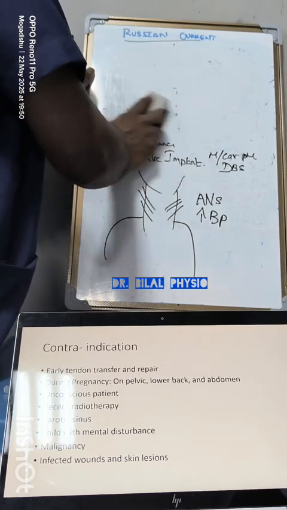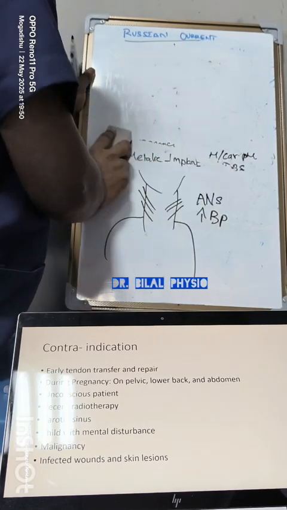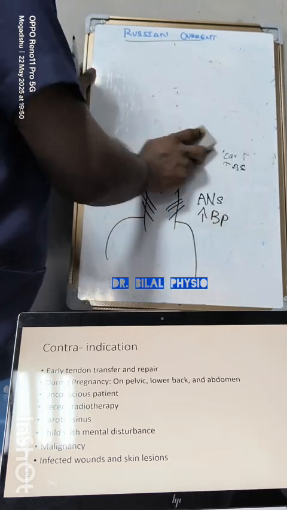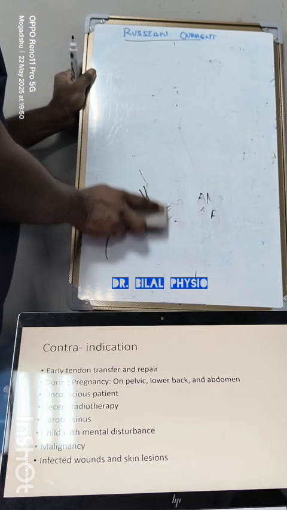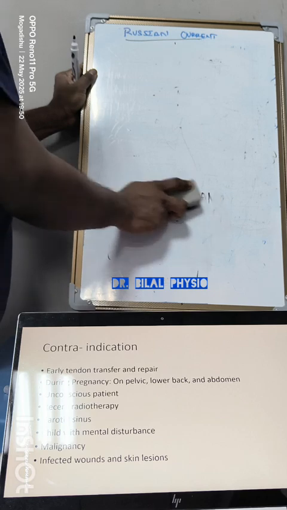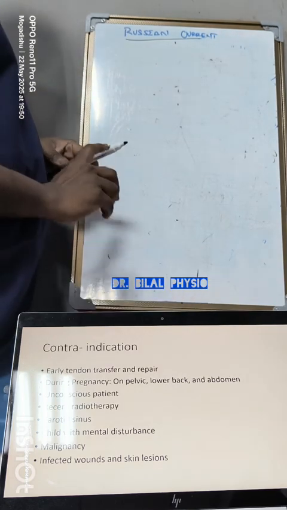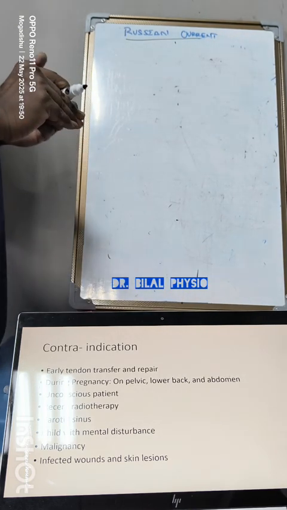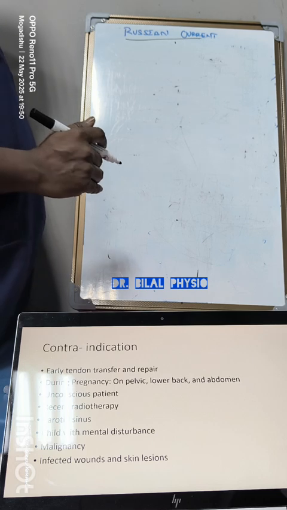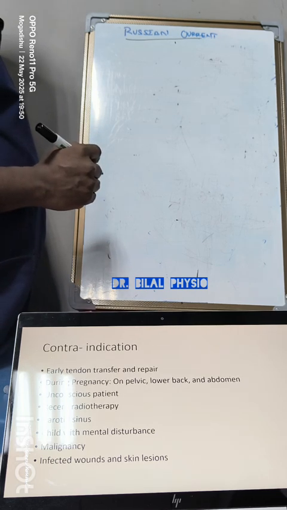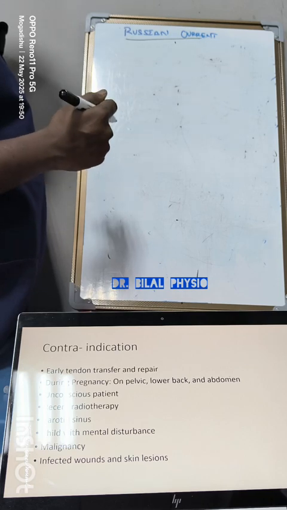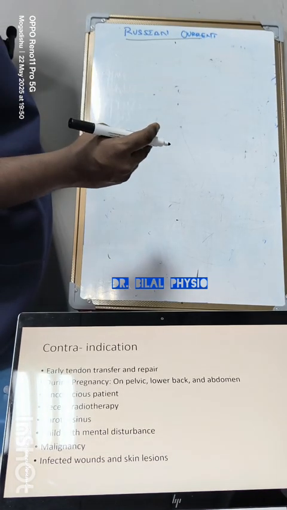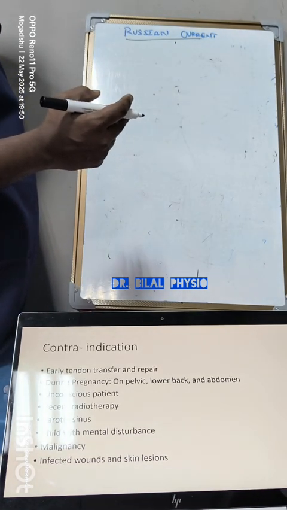Here, as we discussed, the Russian current was initially applied for weak muscles or the athletic person. Why? There is a cause for weakness in a post-surgical patient, regardless of the joint, whether a knee joint or shoulder joint.